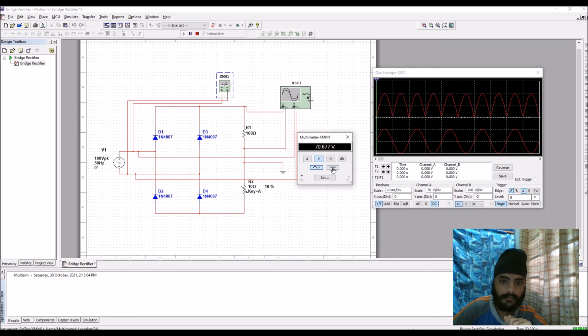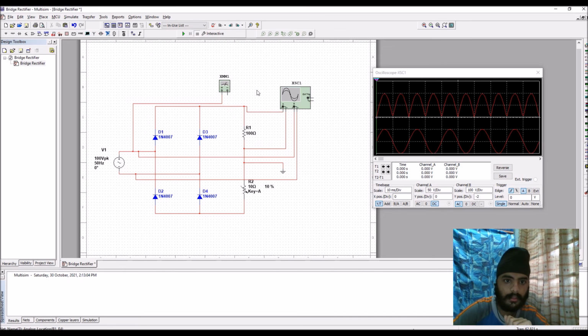As for the Vmax, I out and V out, we will need to connect this multimeter over here to the resistor over here. So I'm going to show you how. Connect the negative side of the multimeter to the negative side of the resistor and the positive of the multimeter to the node of the resistor over here.